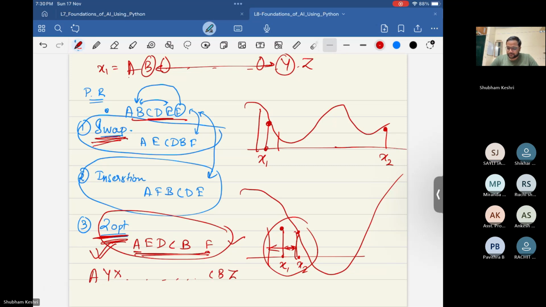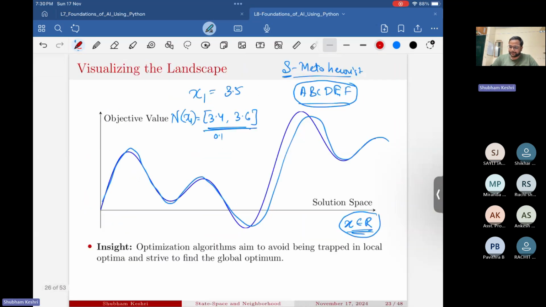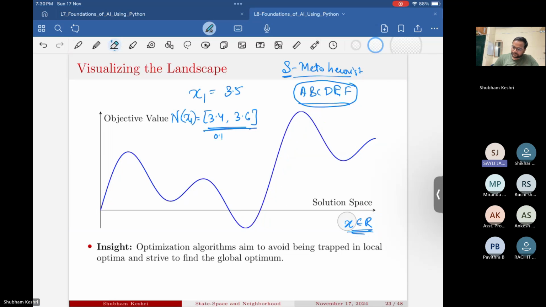If in the solution space and objective values, if these waveform values are known, then why do I need to go for local minima or local maxima? Do I optimize it?